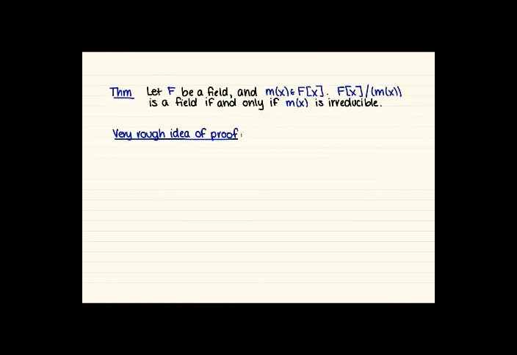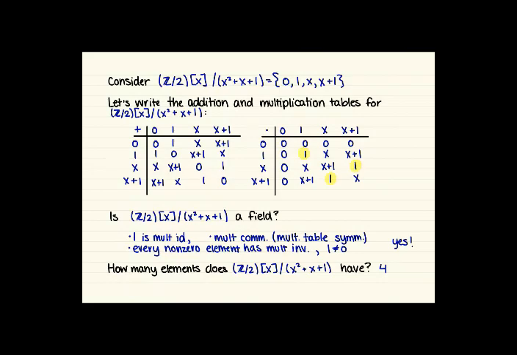So now we'll give our big result for when F adjoin x mod m of x is a field. It's true that this is a field if and only if that polynomial m of x is irreducible. So if we go back to our examples, x squared plus x plus 1 is an irreducible polynomial in Z mod 2 adjoin x, and so we saw that that was a field there.